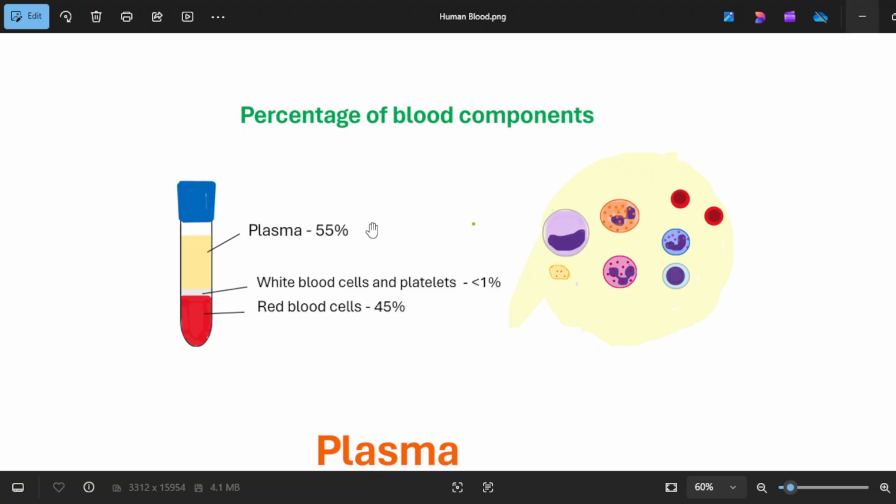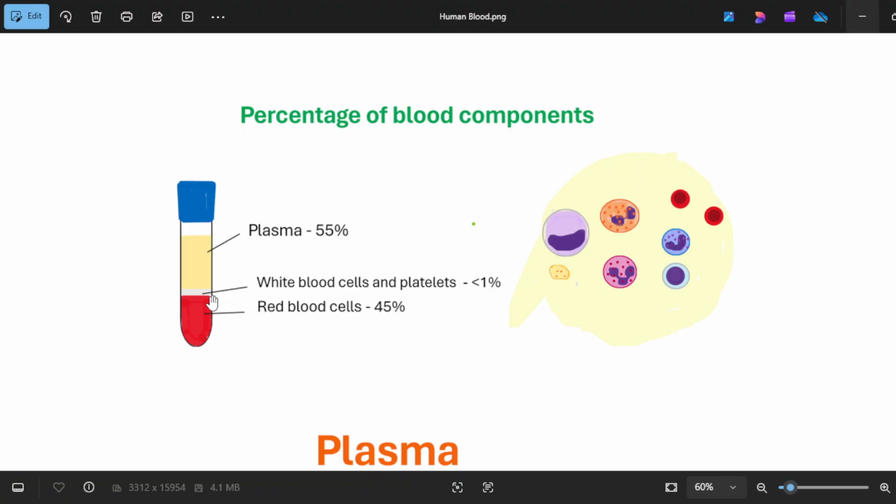It is a machine where your test tube will be rotated at high speeds, round, round, round. So what happens? All the components which are present in the blood get separated like this. The denser ones settle at the bottom, the lighter ones will settle at the top. So the highest density is of red blood cells, so they settle at the bottom, 45 percentage.